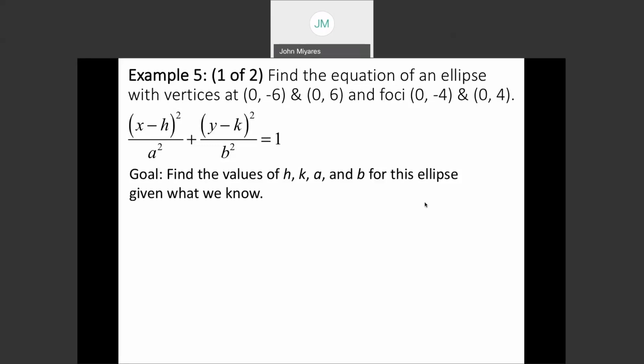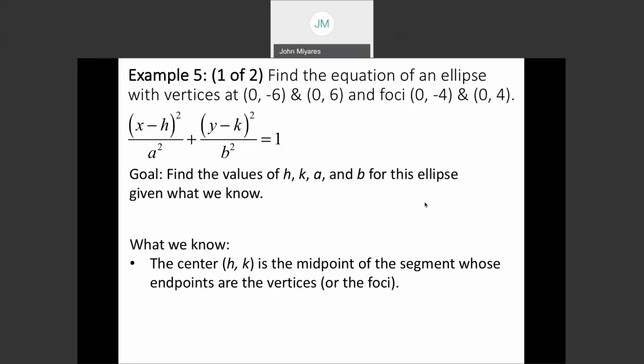Well, we know where the vertices are. We know where the foci are. So we should be able to get to the center point, because the center point will always be the midpoint between the vertices or the midpoint between the foci. Either way, if you look for that midpoint, you're going to find it to be the origin (0, 0).